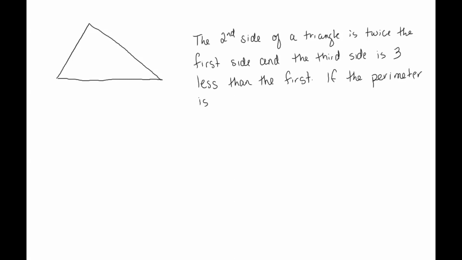If the perimeter is, I should probably try to make this come out nicely. Let's see. If the perimeter is, we're going to go 13 inches. We're going to try to find the length of each side.